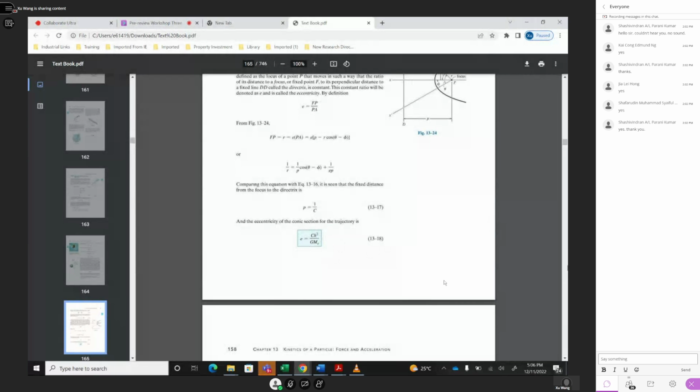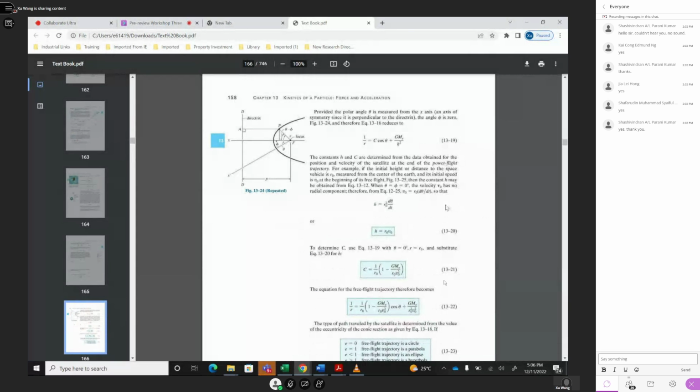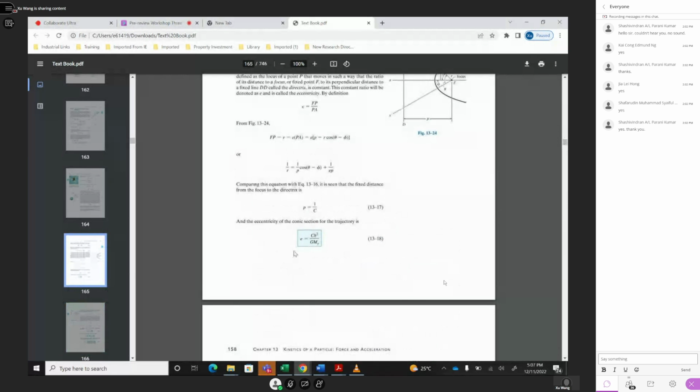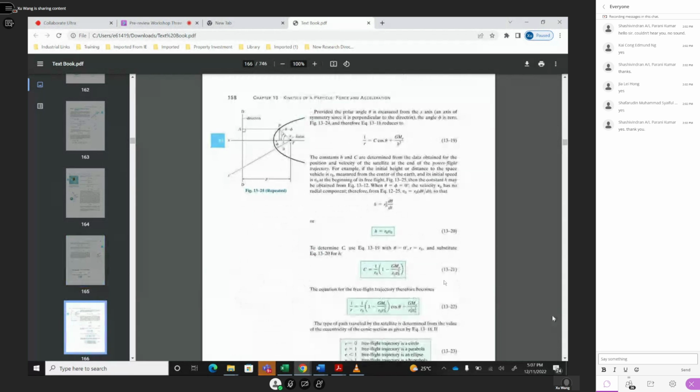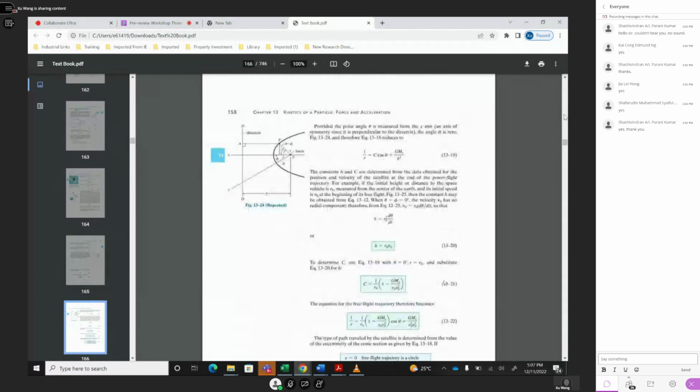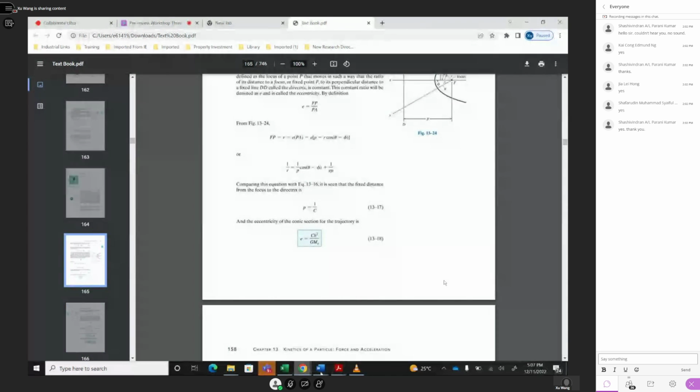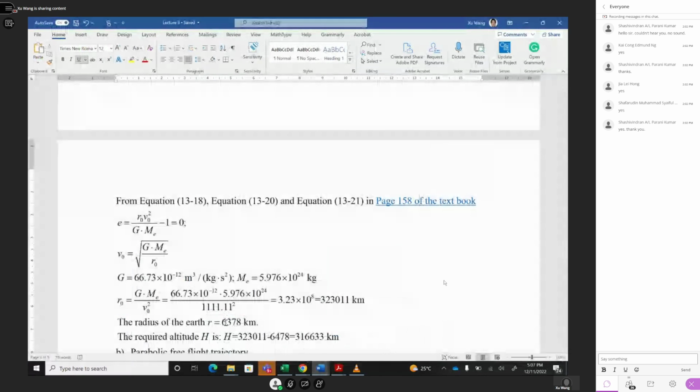This is your e, and from this one, equation 13.21, this is your e. This is C, and e is this one. Put the C inside here. So C is this one, and e is this one. Put C here, and you get your e equation, which is equal to this one minus 1. This is your e equation.